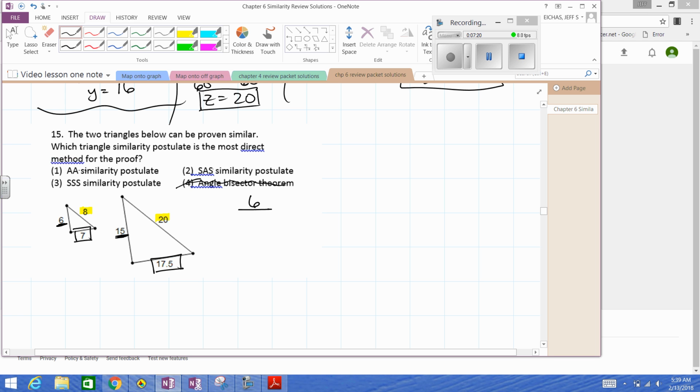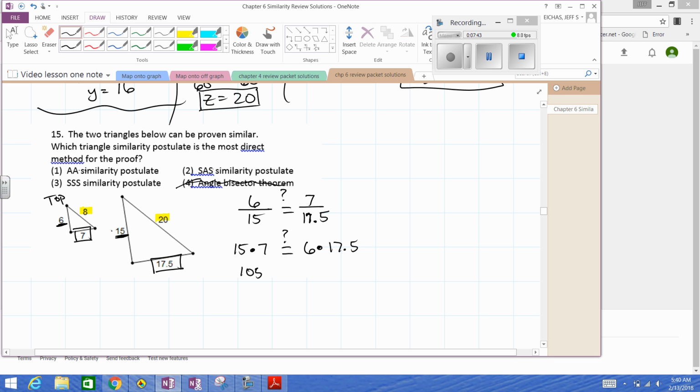So 6 is to, we'll keep these on top all the time, so 6 is to 15 as, pick another one, 7 is to 17.5. Okay, cross products, 15 times 7 and 6 times 17.5. It's kind of a question mark, actually. Are these equal? We're finding out.